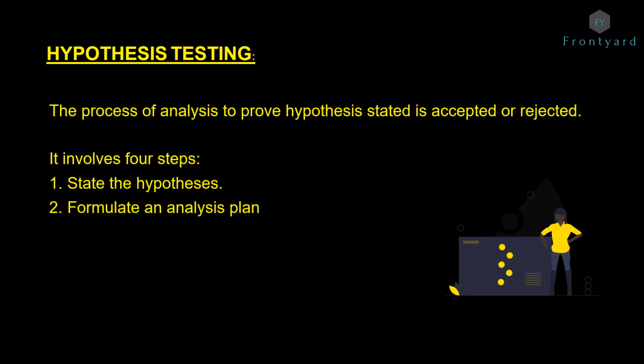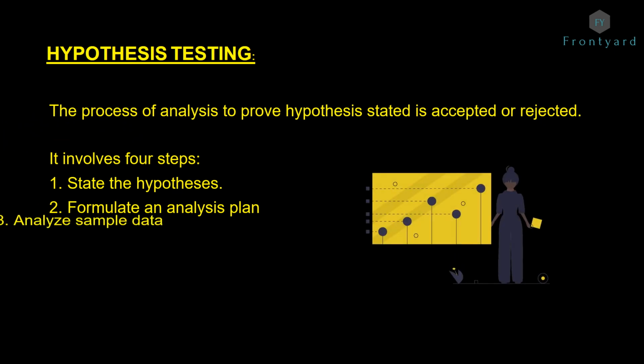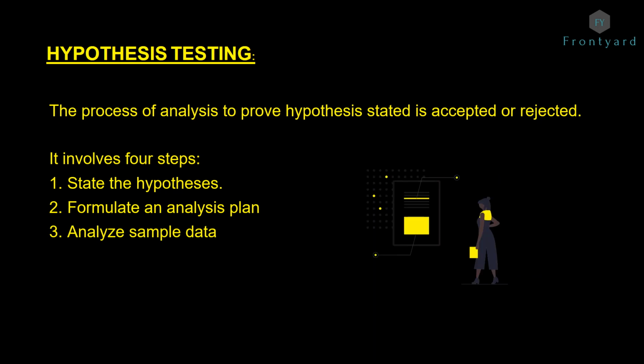My next step is to formulate an analysis plan to find whether the hypothesis is accepted or rejected. The third one is to analyze the sample data to evaluate the metrics. And fourth, of course, to interpret the results to find whether the hypothesis is accepted or rejected.